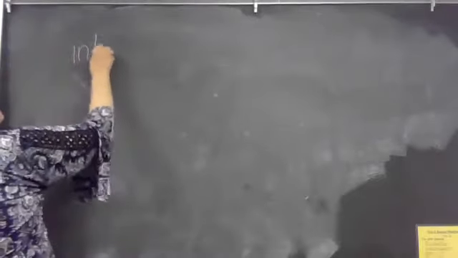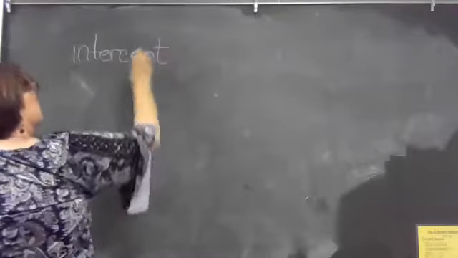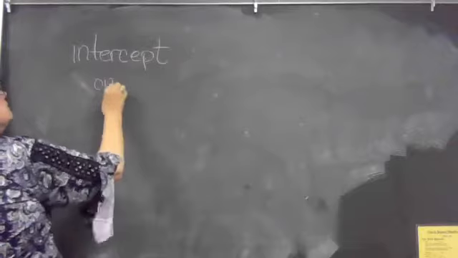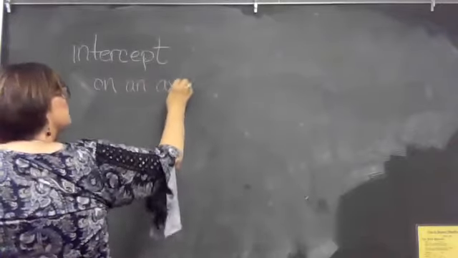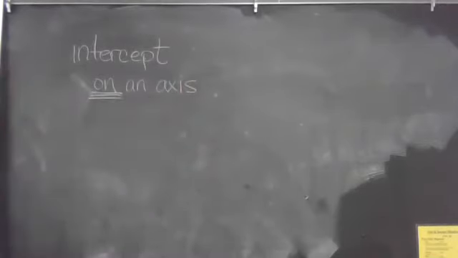If you have an intercept, a point that they call an intercept, then it will be on an axis.